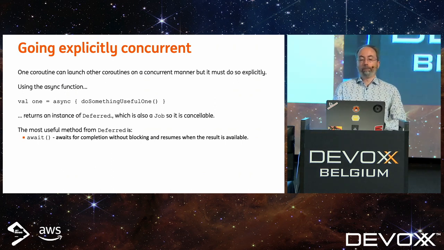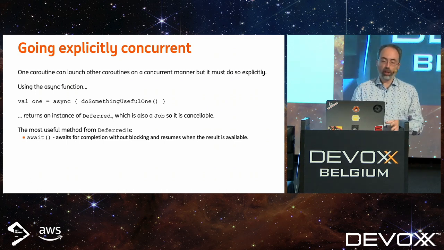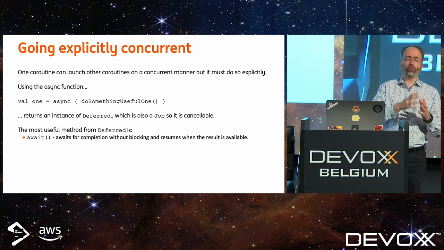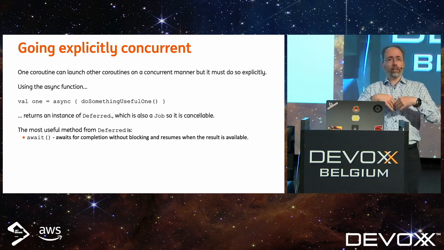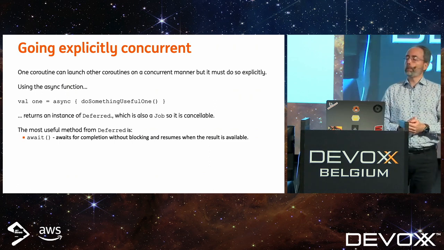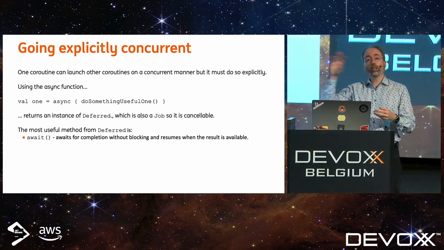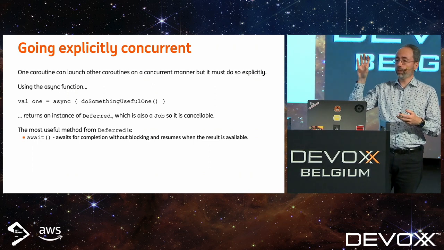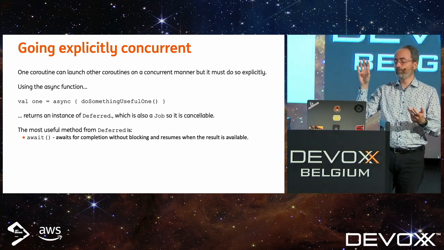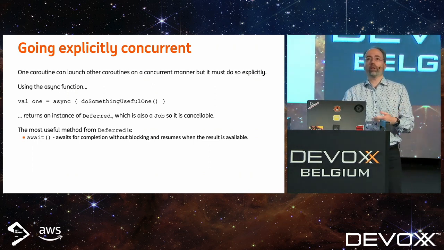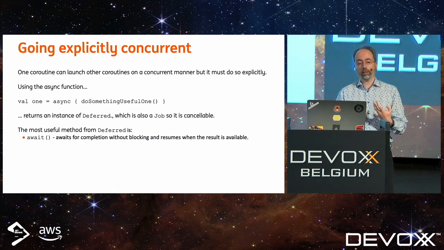Now, so far we have launched other coroutines, and I've been always mentioning that they are concurrent. But just starting a coroutine is, well, it's a bit like writing functions that return nothing all the time. Not always useful.